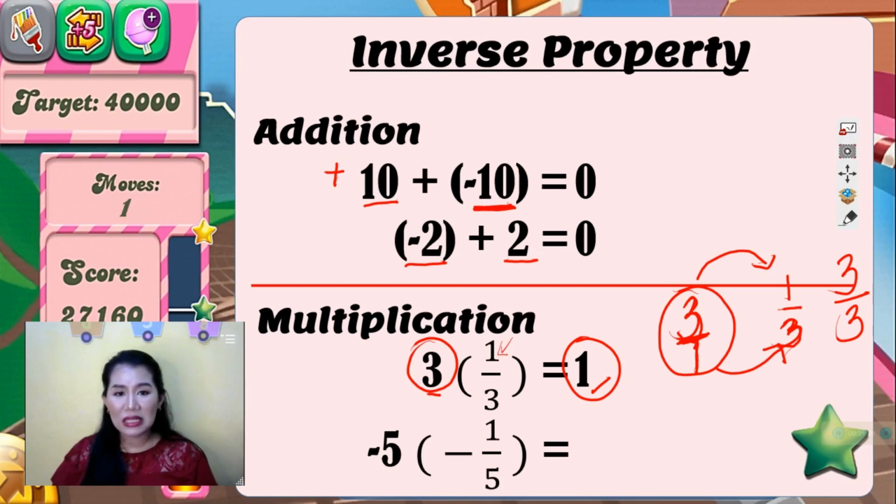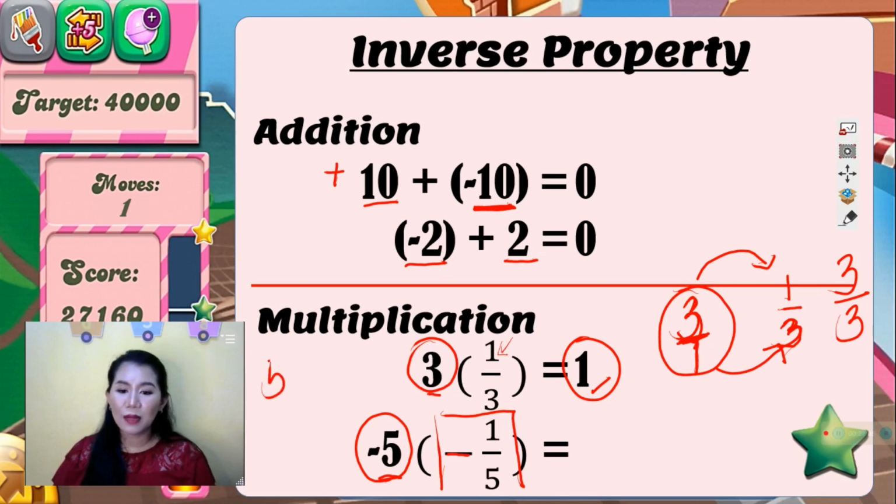So, the same way, kahit na negative yung integer mo. So, I have here negative 5 times negative 1 out of 5. Syempre, kung negative yung nauna mong number, kapag kinuha mo yung inverse niya, dapat lagi pa ring negative. Paano nga tayo nagkaroon ng inverse dito na negative 1 out of 5?